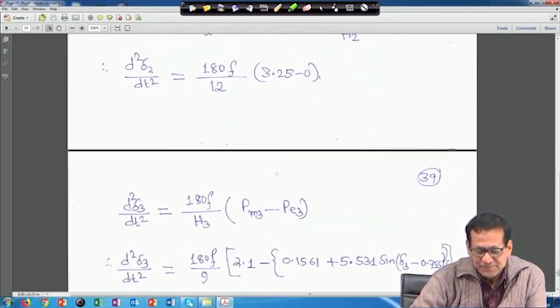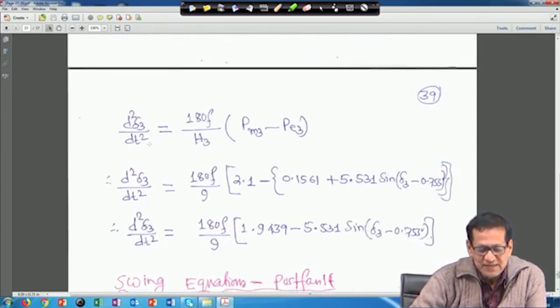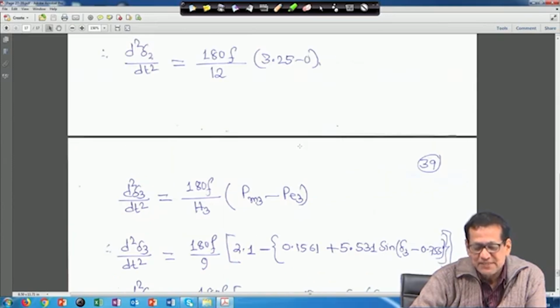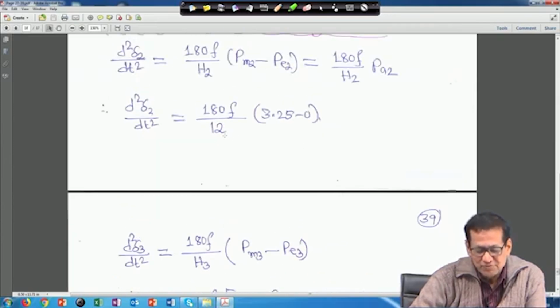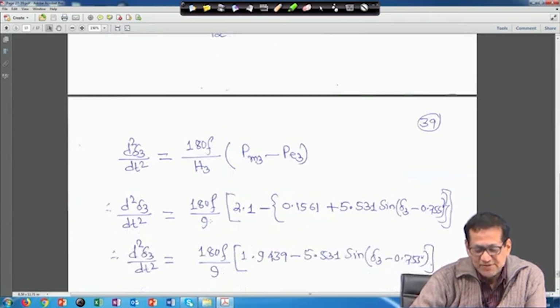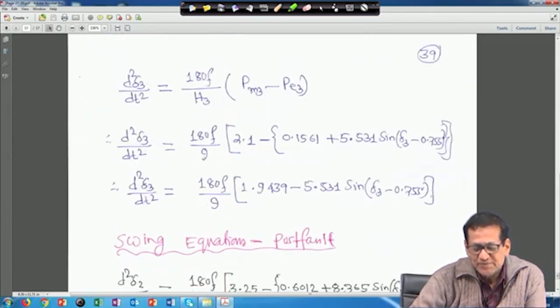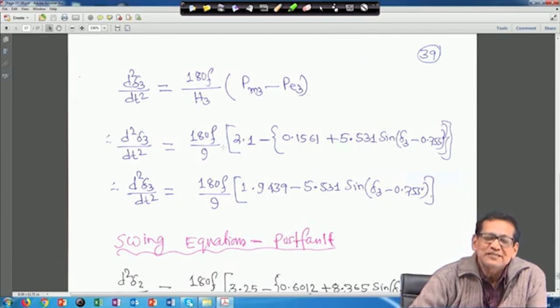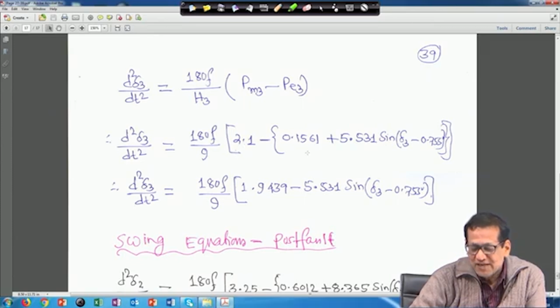Similarly, d square delta 3 upon dt square is 180f upon H3 into PM3 minus P3. H1 was 2, H2 was 12, and H3 was 9. PM3 is 2.1, because we are assuming a lossless turbine, minus P3 as computed.